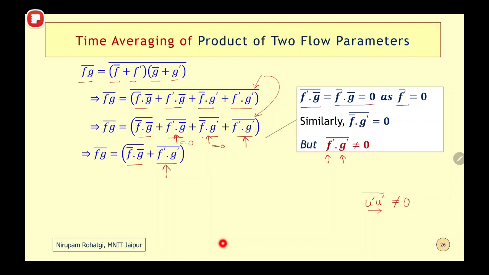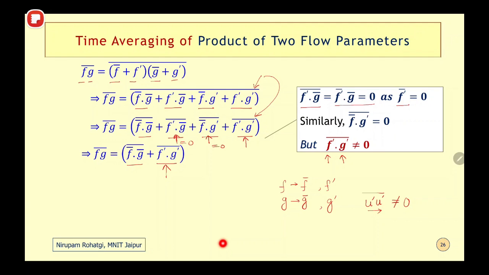If you replace f by f bar, and g by g bar, the number of variables remains the same, but you are going to get additional f prime and g prime. These are the 2 extra variables which are going to come. You have to look after them.